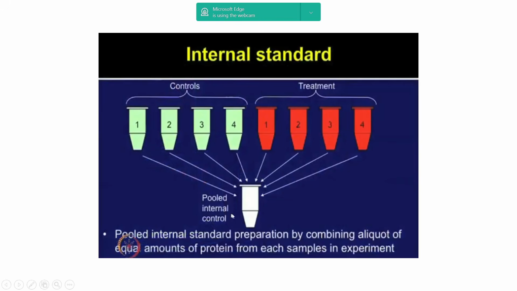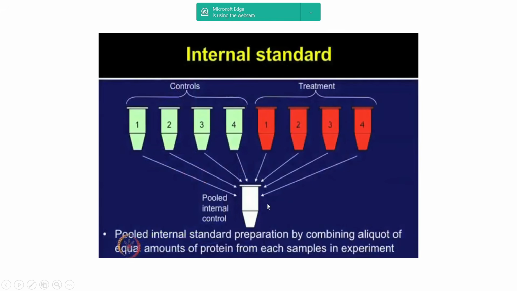Whatever proteins are present in the pool, only those will be considered if the same proteins are observed in control or treated samples. For example, if any sample or control gives some unknown protein which is not present in the pooled sample, you should not consider that protein, because that might be coming from contamination, or it is not coming from your control or samples exactly, because the pooled sample will show you each and everything, as it already pools all of these samples.